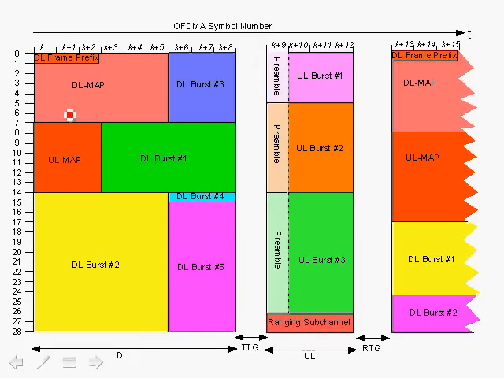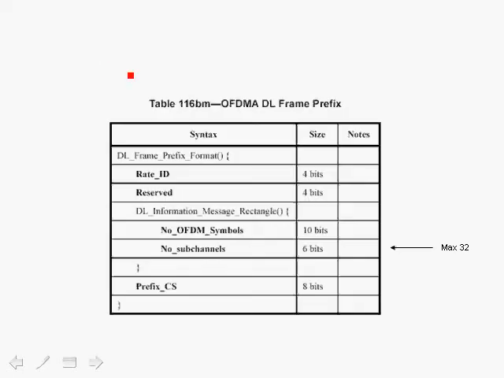If we go back here, let's take a look at the format for the downlink frame prefix. This information, which as we indicated before is sent first, is sent with the most robust modulation, which for OFDMA 16A is going to be QPSK with half-rate coding, both for the inner and outer code.